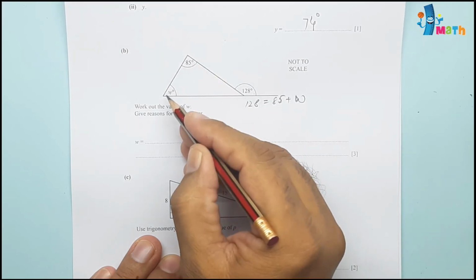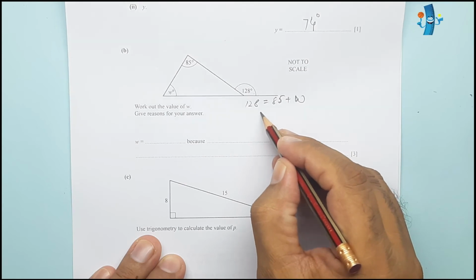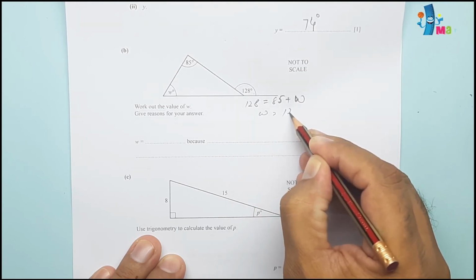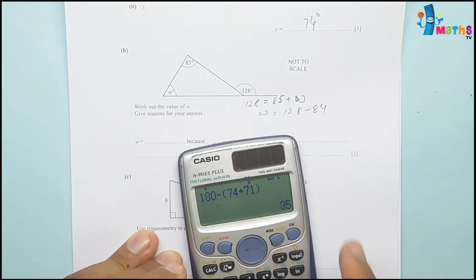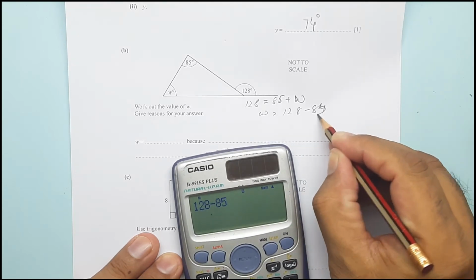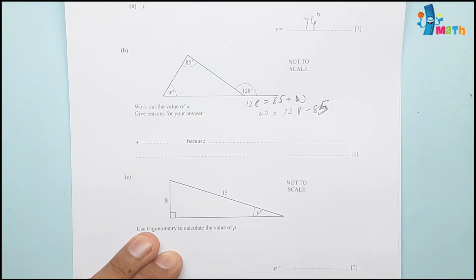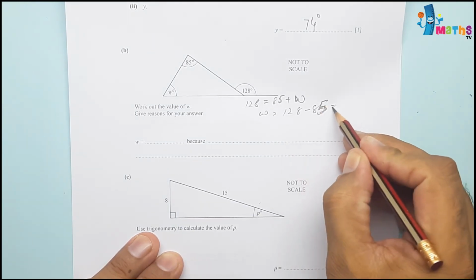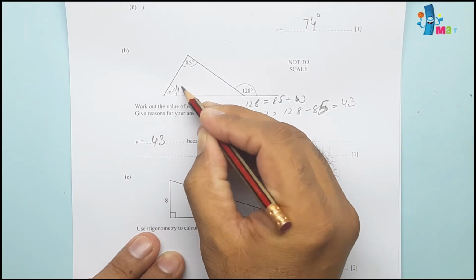So w will be equal to 128 minus 85, which will be equal to 43. So we can mention here this is equal to 43 and this is also 43.